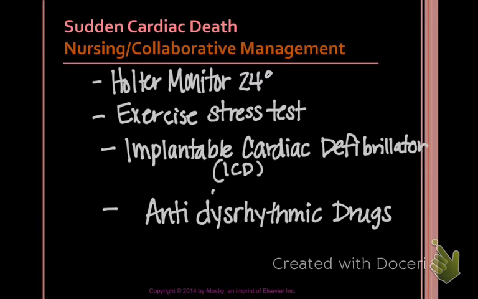And they'll sometimes put in an implantable cardiac defibrillator, or an ICD, which will shock the heart. Remember, we talked about that. And a lot of times they'll give antidysrhythmic drugs. A lot of times amiodarone is used in conjunction with an ICD to decrease episodes of ventricular dysrhythmias. There's a whole table of antidysrhythmic drugs on page 801. It's Table 36-9.